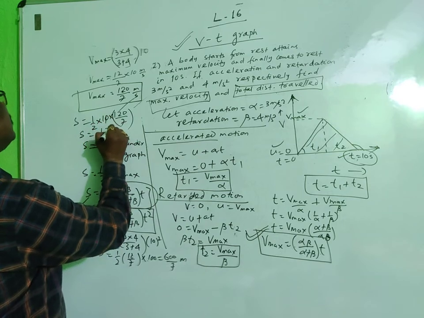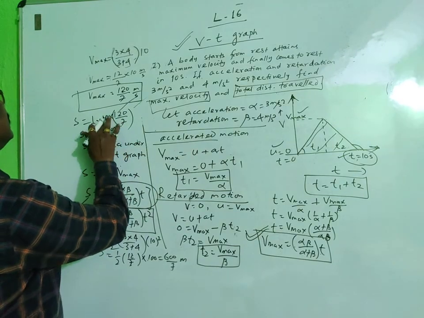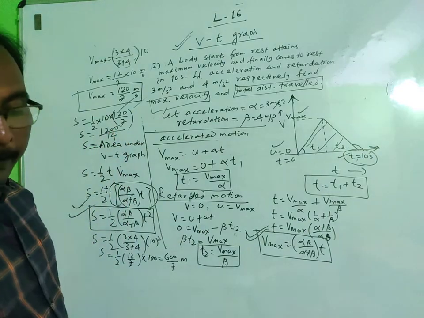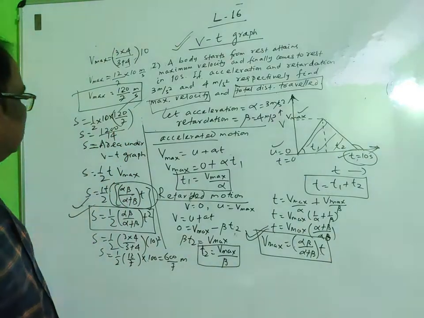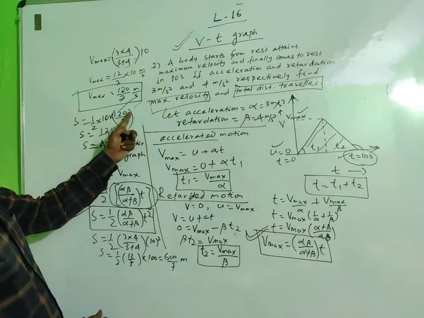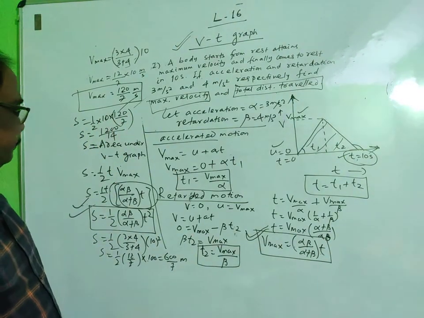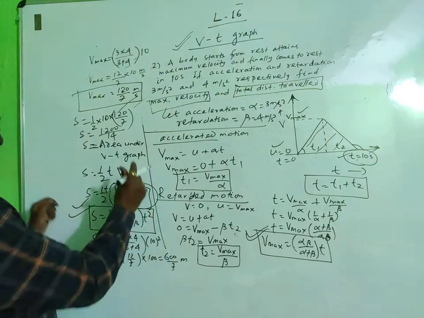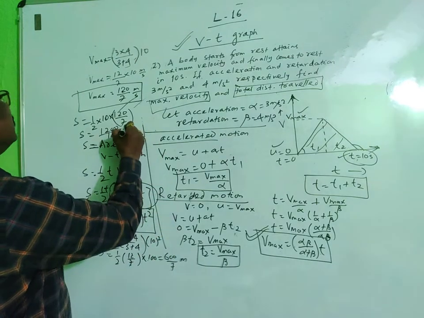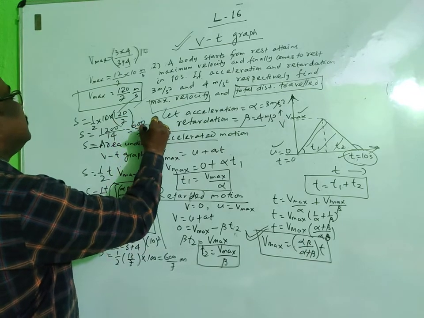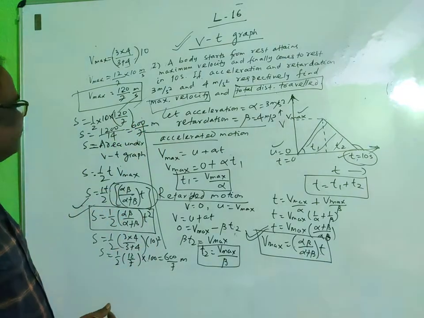It will come 1200 divided by 40. 1200 divided by 7 into 2. 14 is the same answer. Means this is 600 by 7 meter. Again the answer is same.